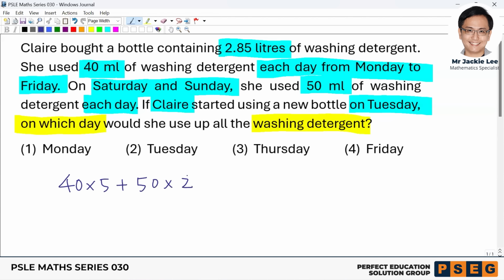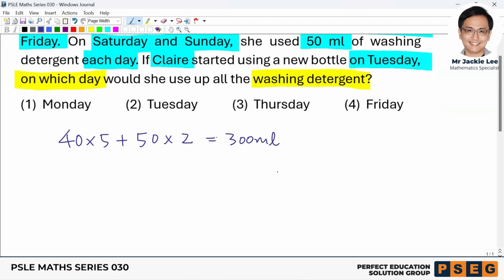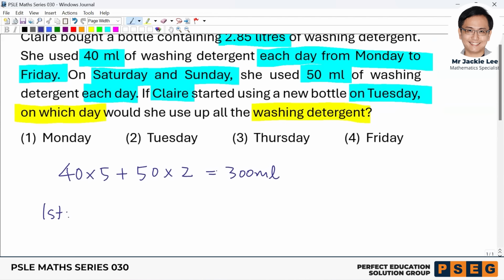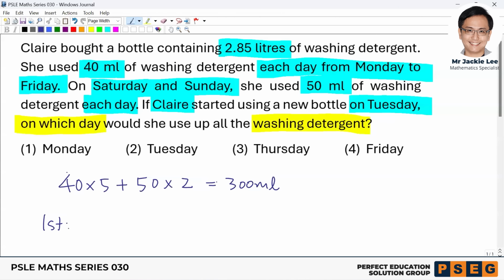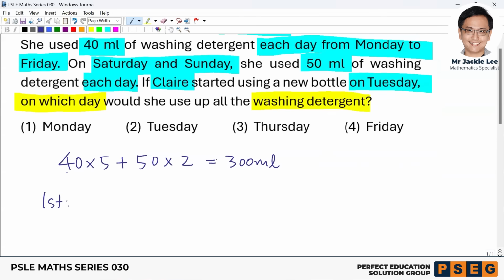So this is 200 plus 100, I think it is 300 ml. Now take note that this one starts on Tuesday. So in fact, for the first week, we got to minus off the Monday. Monday is actually 40 ml. So the starting week is actually 260. Am I right? 260.